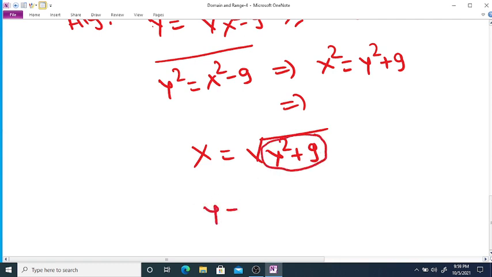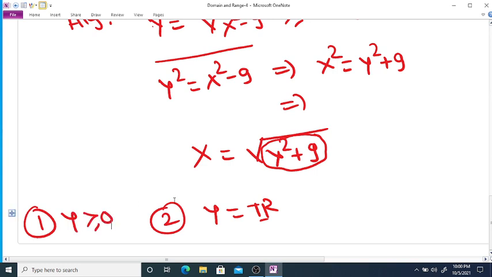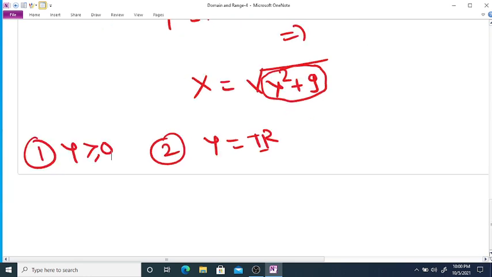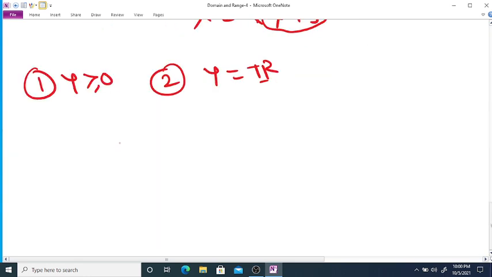This term is always positive, so here the solution for y is the set of real numbers. This is the second solution. The first solution is y ≥ 0. If you combine these two solutions for y, we get the range of the given real valued function.